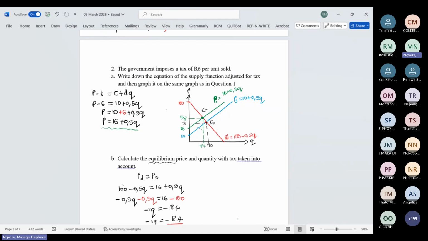If my equation was Q is equals to, then Q would be here. So the P and the Q can change. One can be dependent and the other one can be independent. It's not like in pure maths where we say y must stay on the y-axis. In economics, they can swap places. Is it okay?